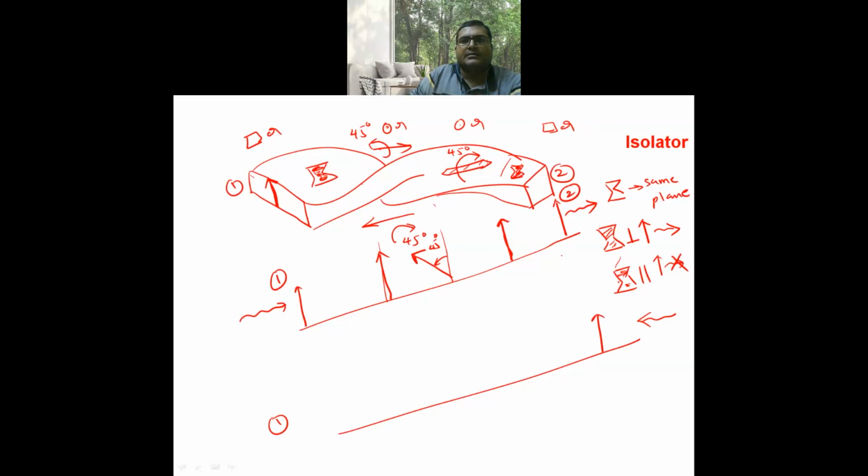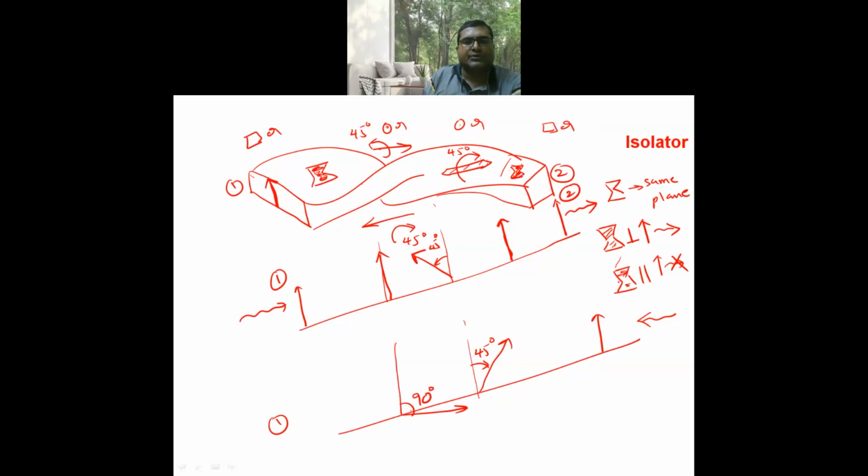This initial polarization is perpendicular to the plane of resistive card, and after passing through the resistive card, the ferrite rod rotates the polarization of the electromagnetic wave by 45 degrees in clockwise direction, and when the wave is traveling from port 2 to port 1, the twist offers another 45 degrees rotation in clockwise direction. So the electromagnetic wave polarization is rotated by 90 degrees.